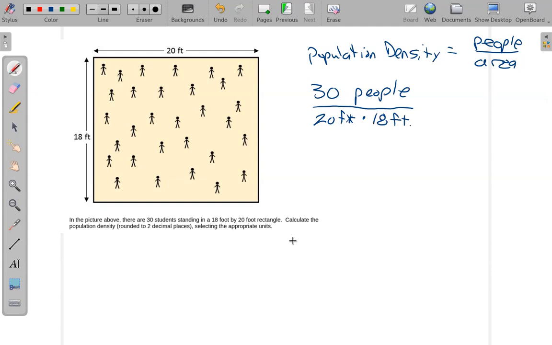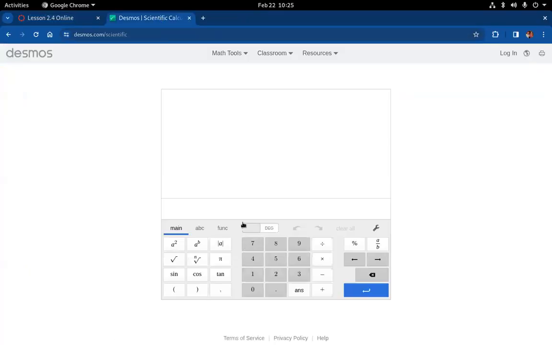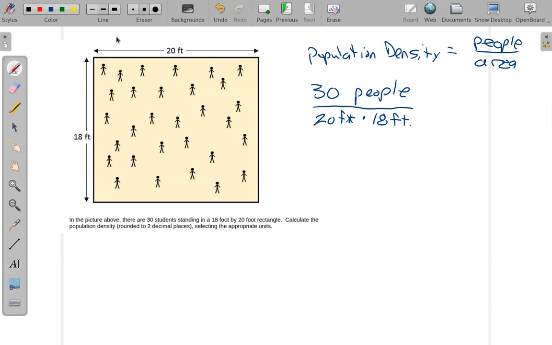Let's just check that out on a calculator. 20 times 18 is 360 square feet. So we have 30 divided by 360, and that's people per foot squared.